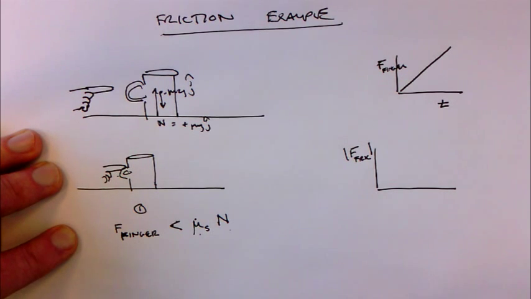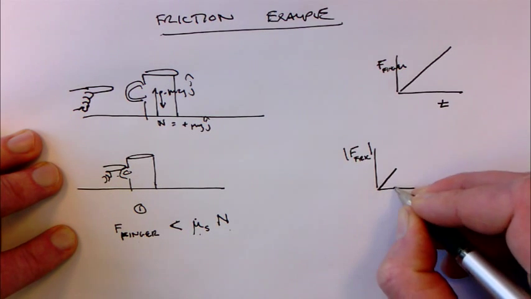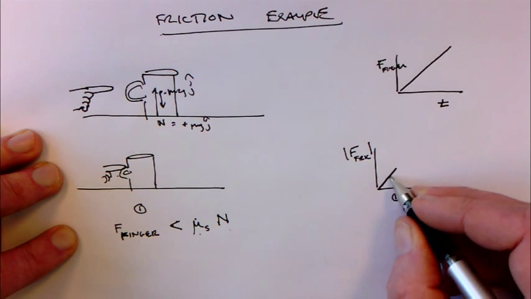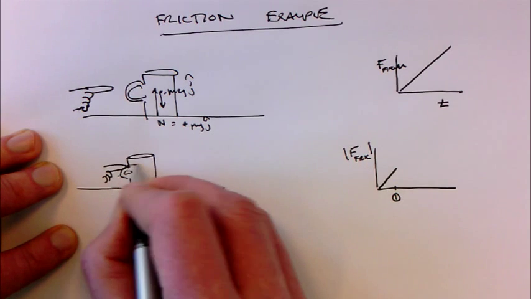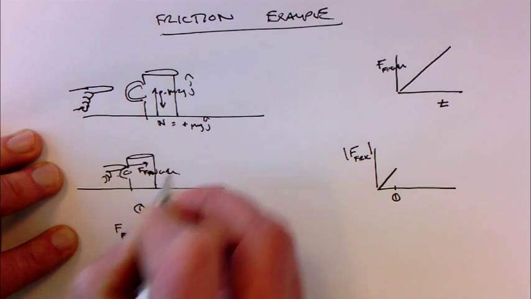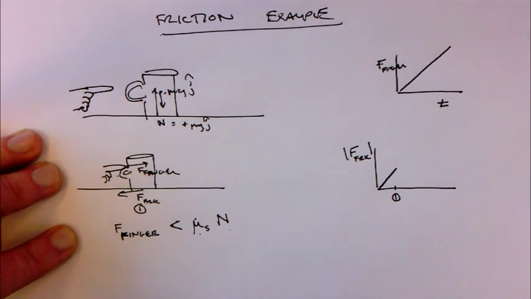When I push with 2/100ths of a newton, the frictional force is 2/100ths of a newton. So up to time 1, the frictional force is increasing and directly opposing the finger force. I have my force of the finger here, and there's also a frictional force that is equal and opposite, so the cup doesn't move.